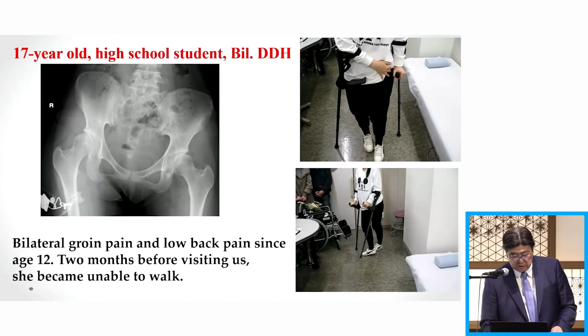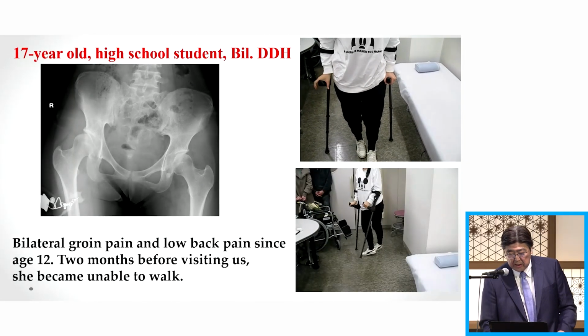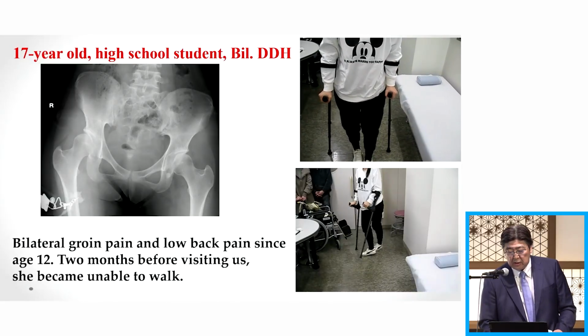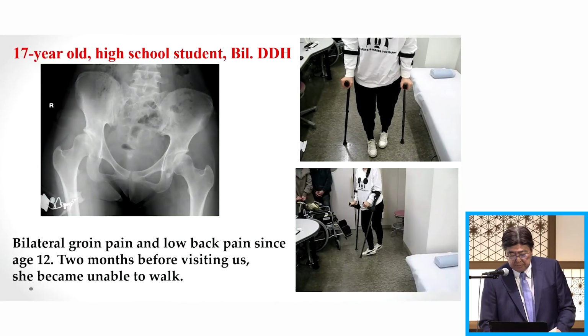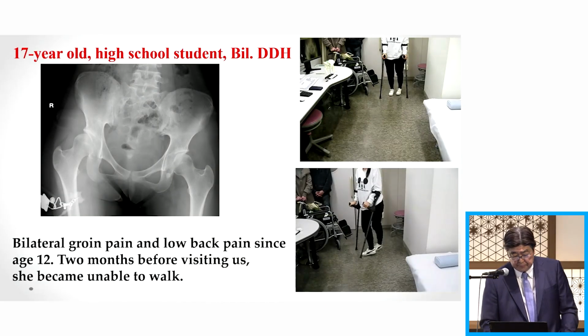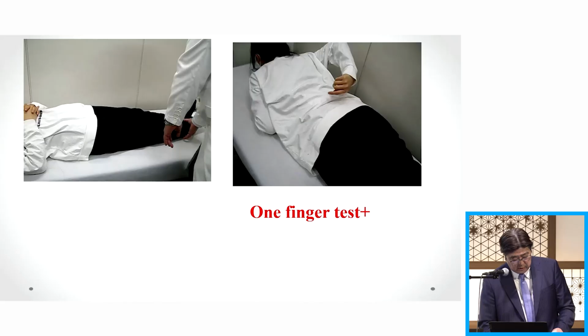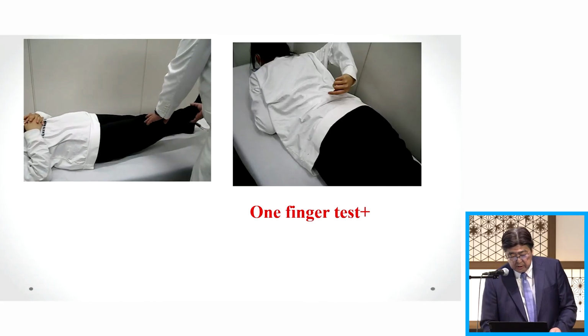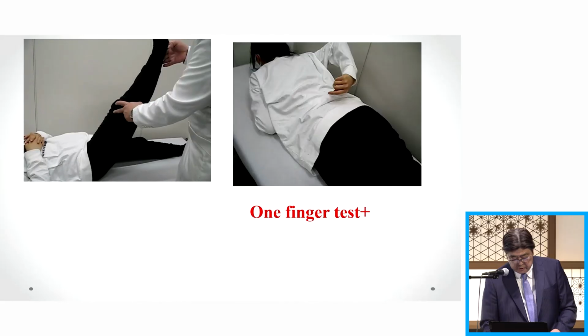So she had bilateral groin pain and side pain, and she could not walk without a cane. Her lumbar MRI at the previous hospital was normal, and the SRL were very tight.